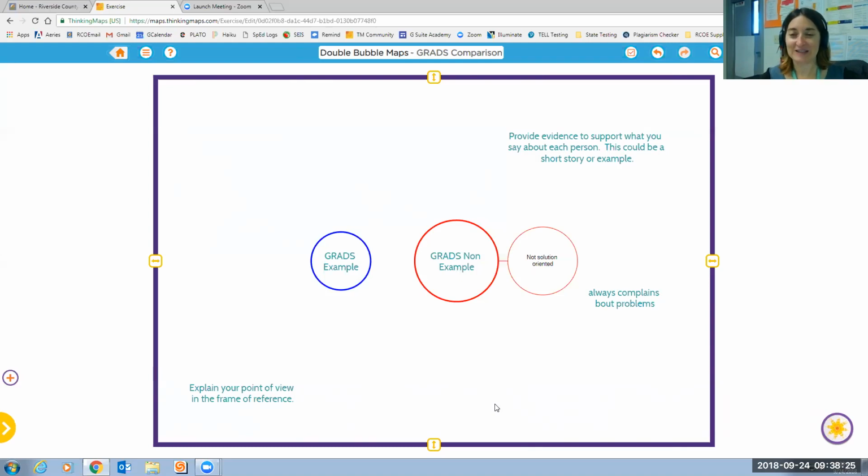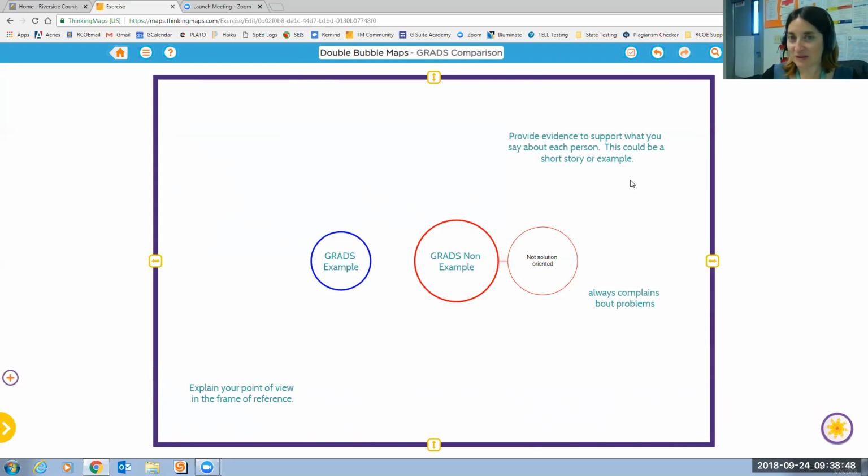All right, ladies and gentlemen, I hope that you have a better understanding of what a double bubble map is now. And remember that these double bubble maps help us to compare and contrast items. And our similarities go in the middle between the two concepts, and our differences go on the outside edge.